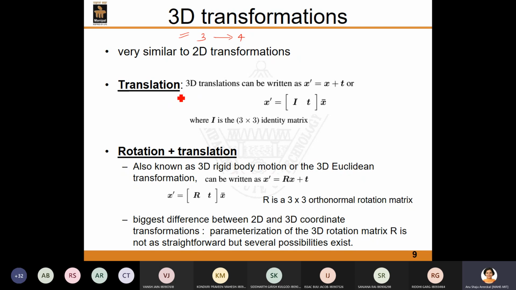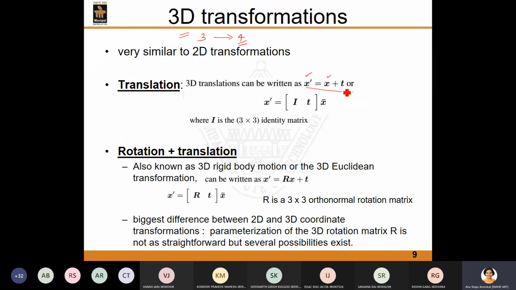So let's take the case of translation. We can write it as x' = x + t, something which we have already discussed. But now the dimension of x' and x, being the points, becomes 4 in 3D space. We need 4 coordinates, x1, x2, x3, x4, to represent these points, so now you have this as 4 cross 1 and here also 4 cross 1.